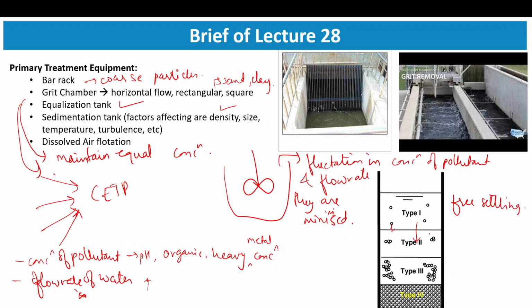Somewhat higher concentration, but still you can neglect the interaction. However, this is hindered settling, where particle concentration is much higher and interaction has increased such that they affect the settling velocity and the settling of each other. So this is nothing but hindered settling.